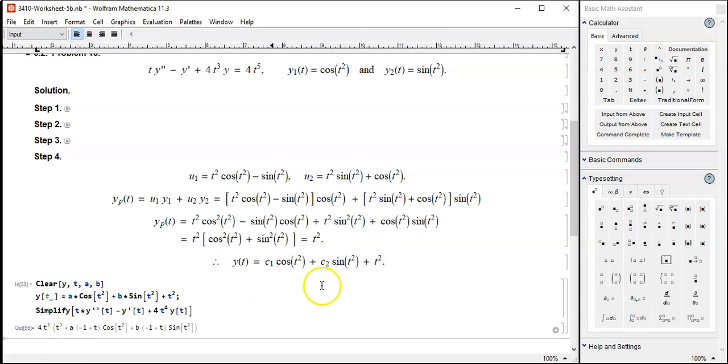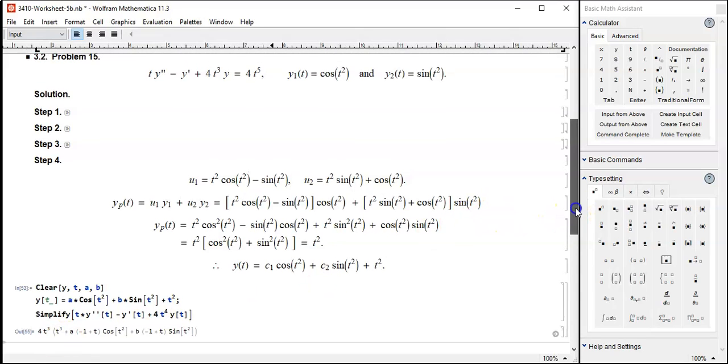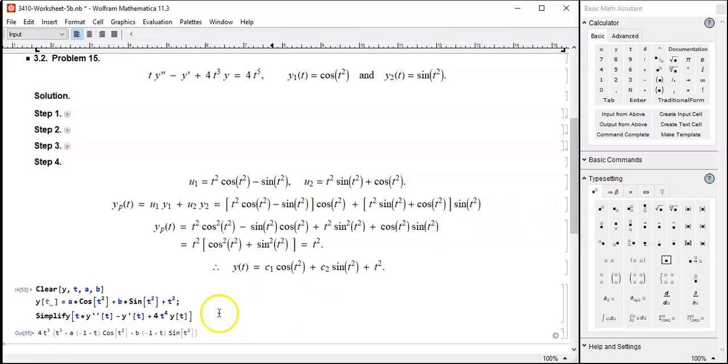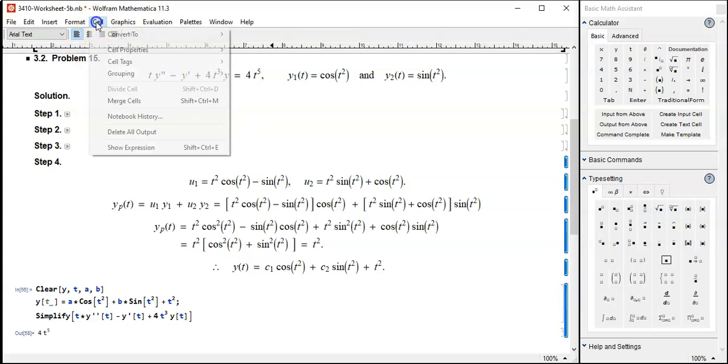Oh, I didn't get it. Excuse me. What's wrong with this computation? 4t cubed, see, I miswrote that one. Okay, sweet. 4t to the 5th power. This confirms all the computation I did is correct.